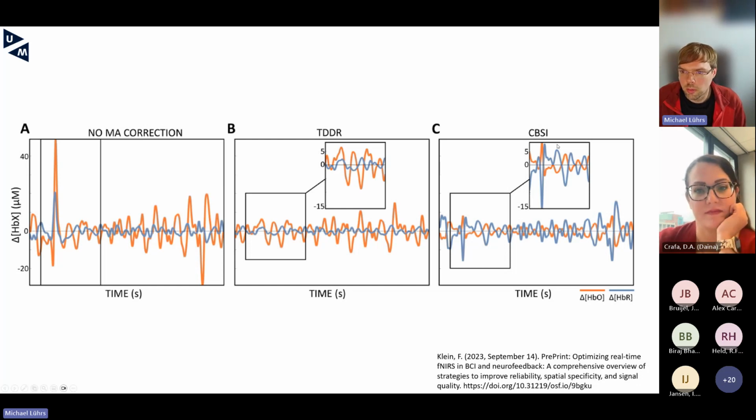And then, for example, for the CBSI, there are a few requirements for the signal so that you can apply this motion artifact removal. Here you can see that after CBSI, you get a 100% anticorrelated signal, because that's part of the processing: it combines oxy and deoxyhemoglobin into a fully anticorrelated signal.